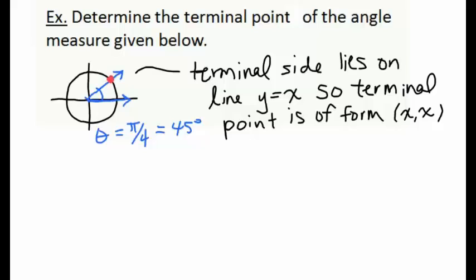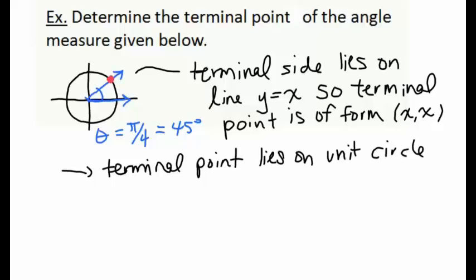The idea is I've taken (x, y), and I know that y is equal to x, so I've replaced y with x. Next, we're going to use the fact that this terminal point also has to lie on the unit circle. That is, if I take the first coordinate and square it, and then I add to that the second coordinate squared, the sum of these two squares should be equal to 1, or the radius of our unit circle.